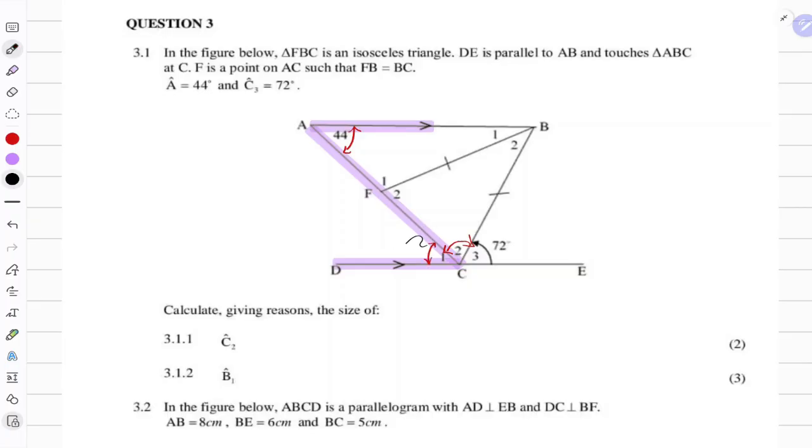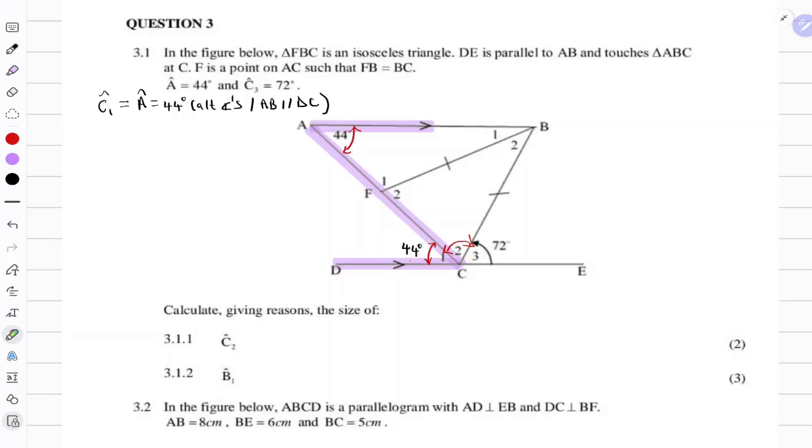So we can say angle C1 is equal to angle A, which is equal to 44 degrees, and the reason is alternate angles. This is because AB is parallel to DC.